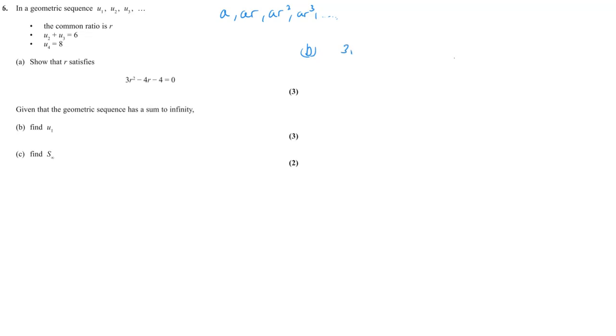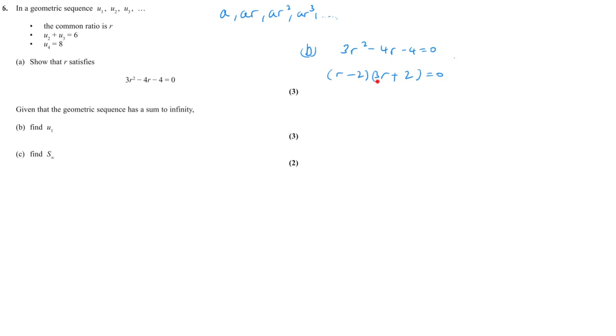So that means solving this equation first. This gives me 3R and R, then R minus 2 and R plus 2.